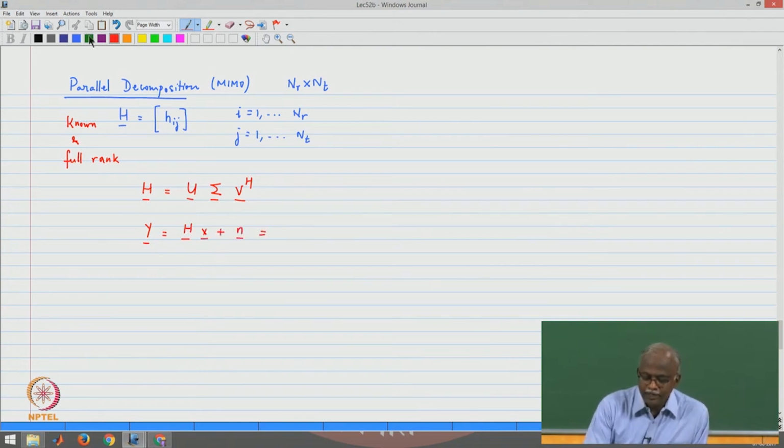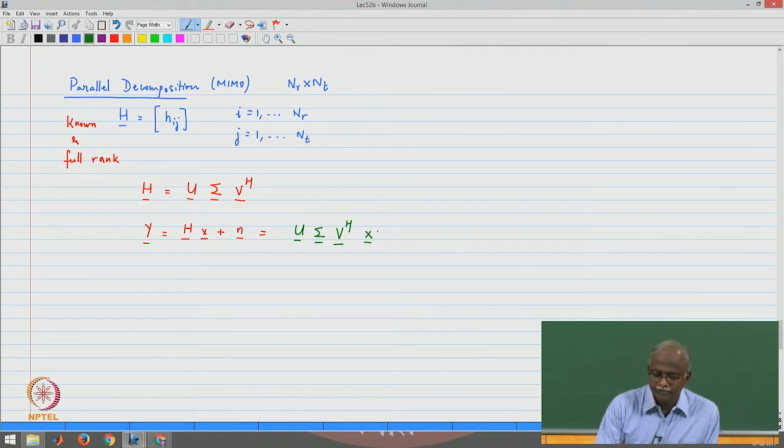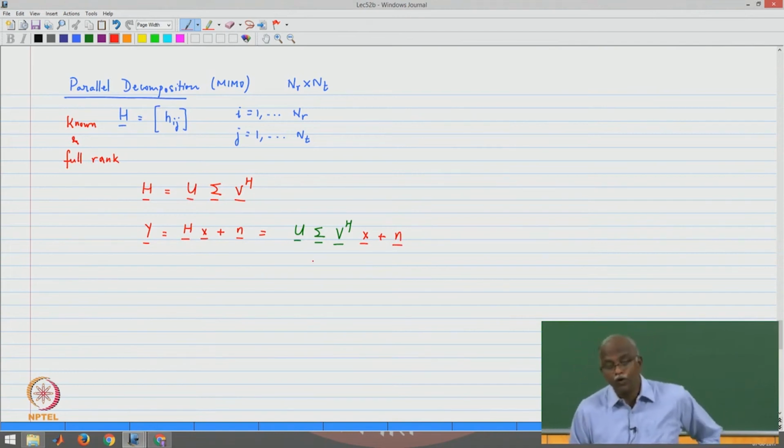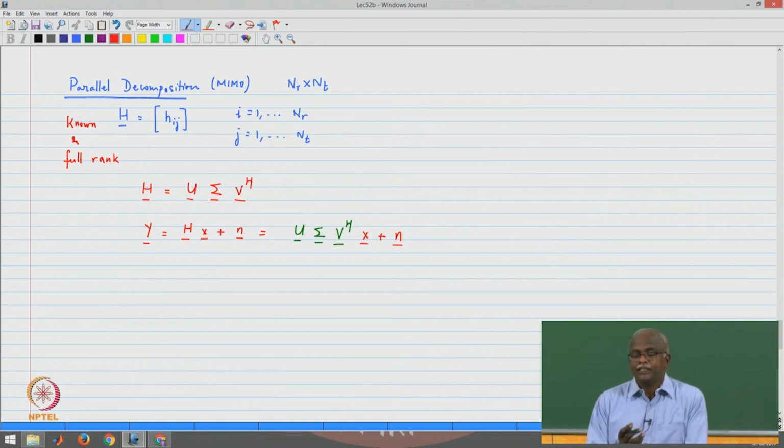Now, this can be written as U sigma V Hermitian times x plus n. So, basically we have substituted the factorized form for this. Now, here come two very simple steps which make the MIMO problem statement a very interesting one.